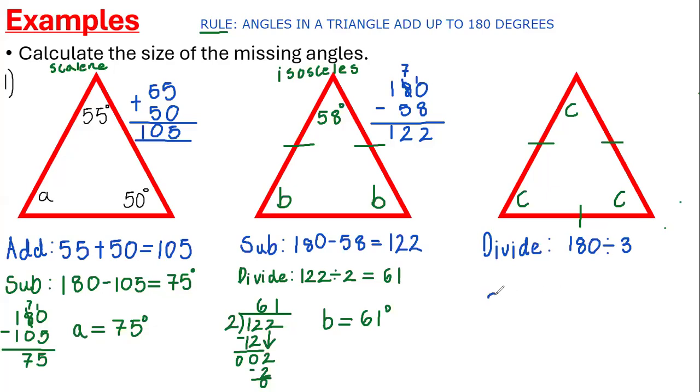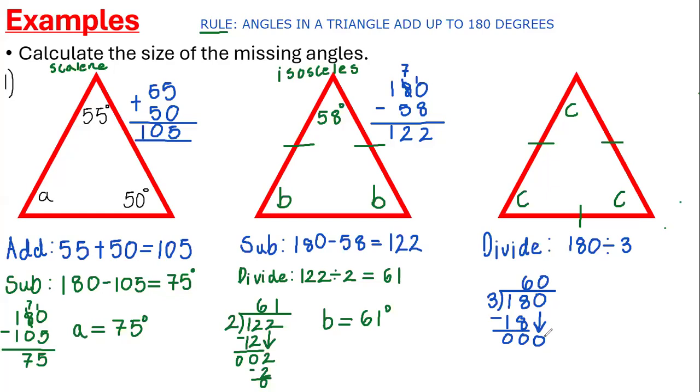How many times does 3 go into 180? 3 goes into 18 how many times? 6 times. 3 times 6 is 18. 18 minus 18 is 0. Bring down the 0. 3 times what number gives you 0? 0.